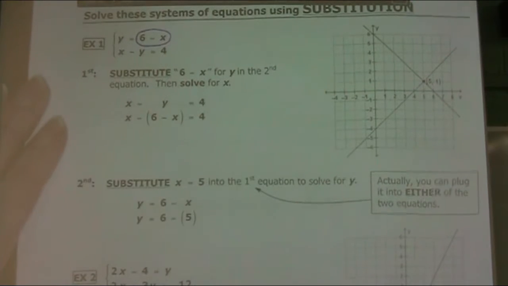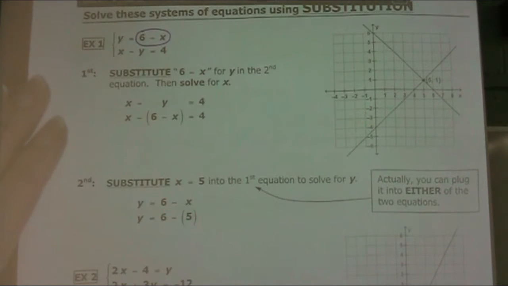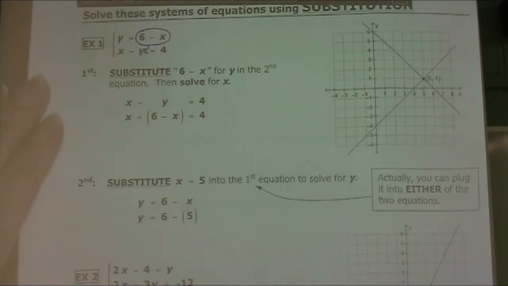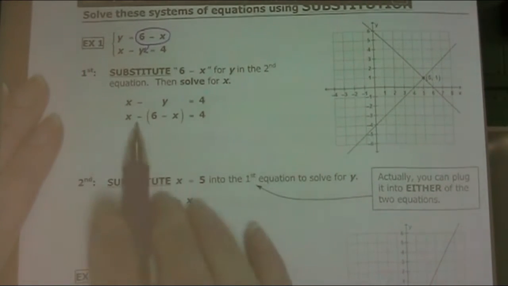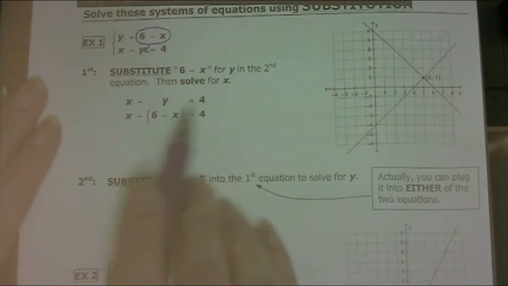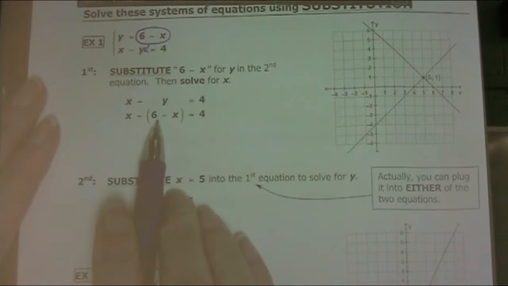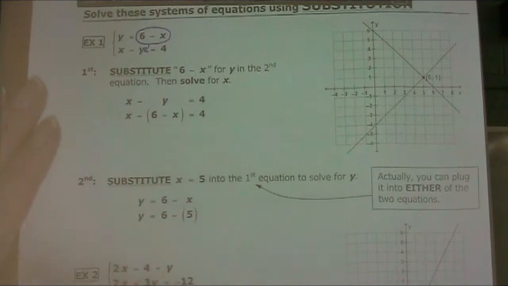What I'm going to do with this is substitute 6 minus x in place of y in the other equation. So it's going to go right here. And what I will have instead of x minus y equals 4, I'll have x minus, and make sure you put it in parentheses, (6 minus x) equals 4.